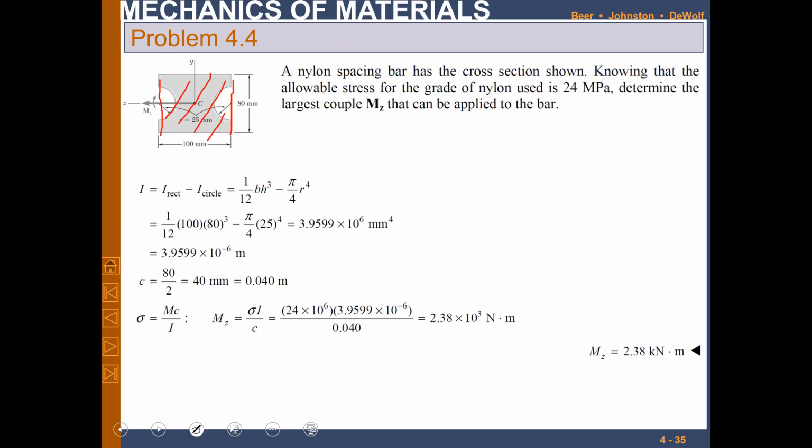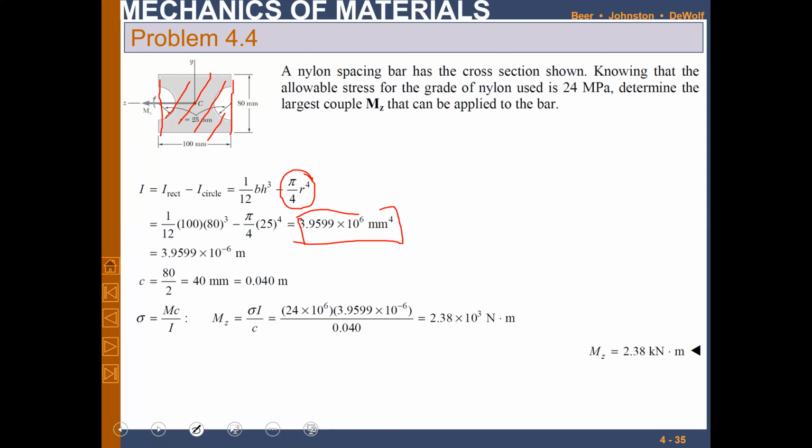This is the whole shape, 100 by 80, and for the circle, I is pi by 4 r to the power 4. This is the I for the complete circle. So we will subtract the circle's I from the rectangle's, and we will end up with the final I of this particular shape.